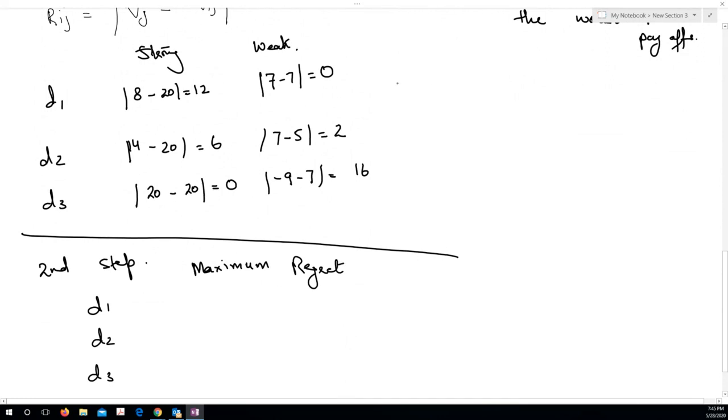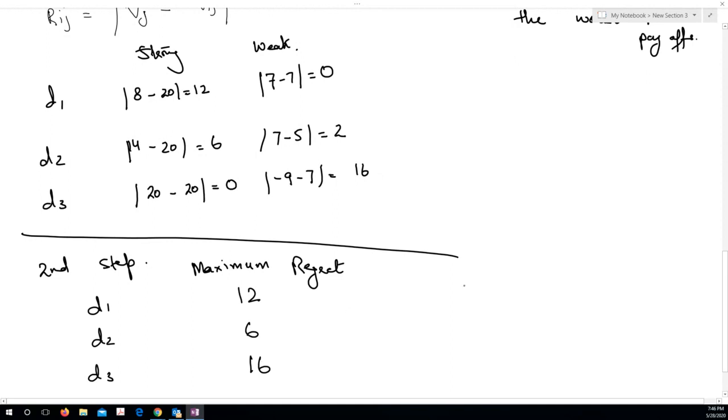So for each row, we will look for the maximum value of the row. Each row's maximum is the maximum regret. So this is the lowest regret here, and this is the maximum. I'll put here the maximum of the row, and here will be 16, 16.